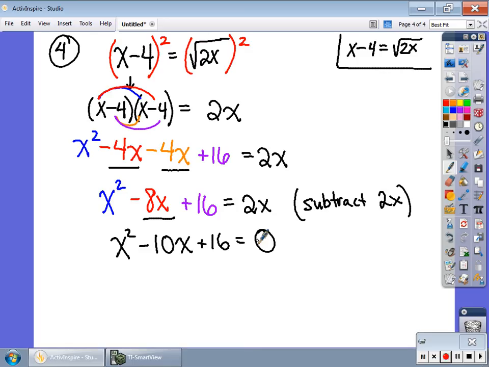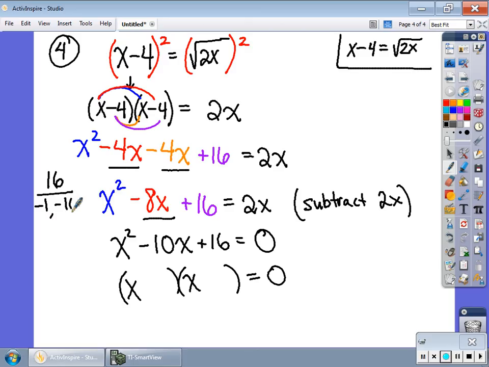And so what we need to think of is, right here, factors of 16 that add up to negative 10. This is a quadratic trinomial. And a quadratic trinomial factors into the product of two binomials with an x, and then again, what multiplies to give me 16, but adds up to give me negative 10.